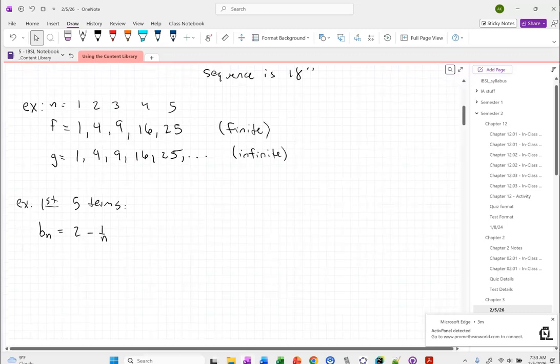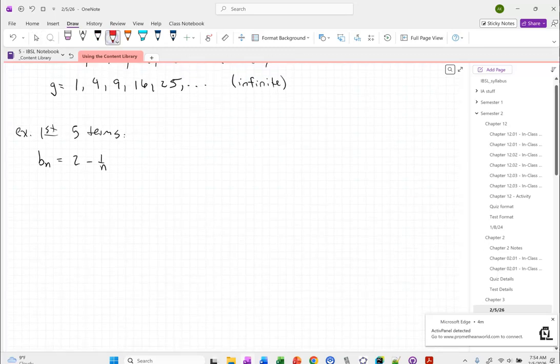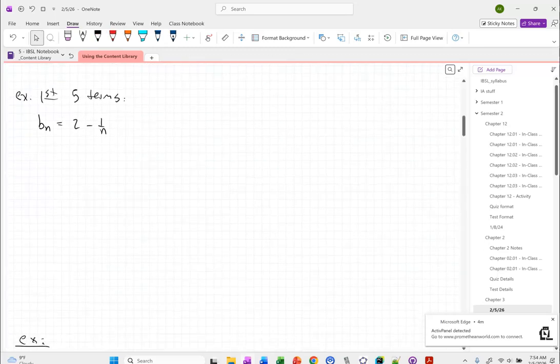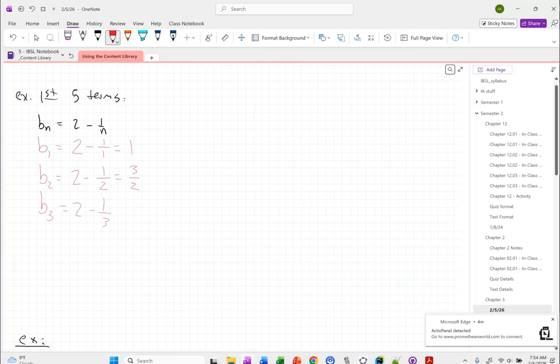Okay. So if we have the sequence B sub n, and we want to list the first 5 terms, well, the first term would be B sub 1. To find the value of that term, I'm just going to plug 1 in for n and then evaluate. If I look at B sub 2, and then B sub 3, I just continue plugging in.